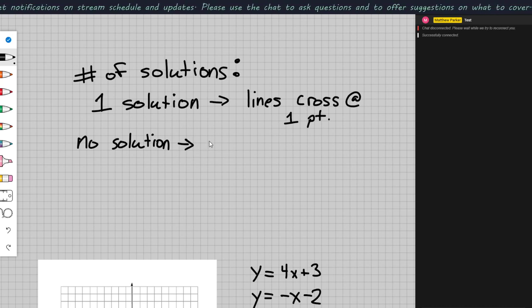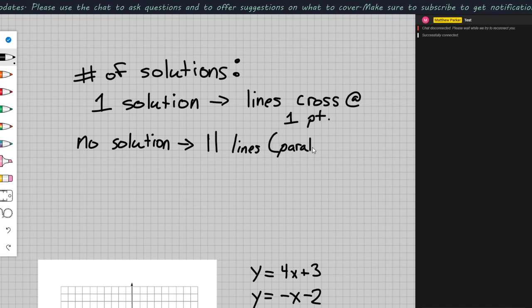That means parallel lines, which means they have the same slope, so they'll never cross.